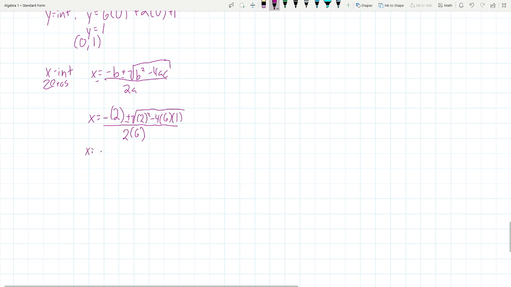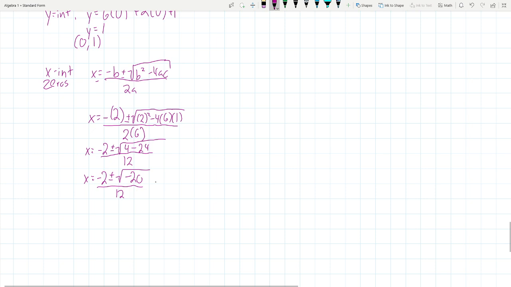So I get x equals negative 2 plus or minus the square root of 4 minus 4 times 6, which is 24, times 1 is still 24, all divided by 12. And so I get x equals negative 2 plus or minus the square root of negative 20 over 12.